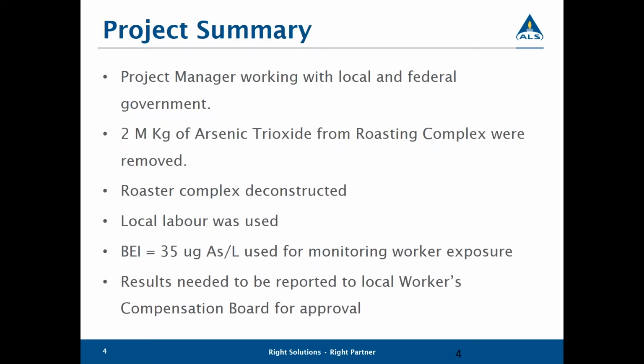Although a lot of the arsenic trioxide had been removed and put in caverns, of course, there's a lot of it still all around the structures and also around the soil and area surrounding the site. In the end, 2 million kilograms of arsenic trioxide were actually removed from the roasting complex. That was part of the decommissioning.